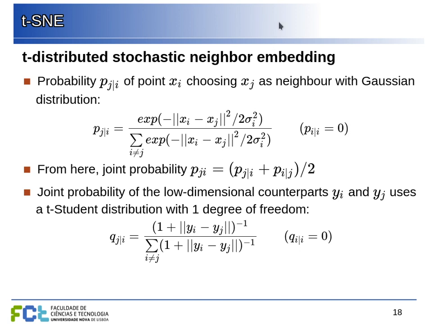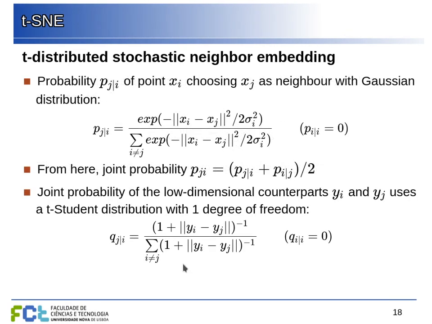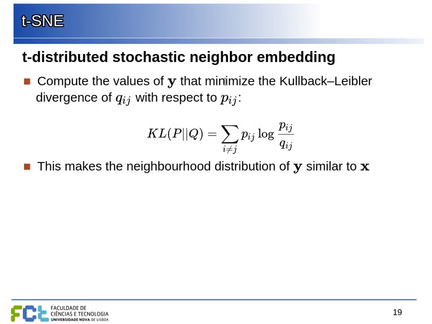And the way the result is computed, what we are computing here are these representations in lower dimension, is to change that representation so that the divergence between these distributions of probabilities is as small as possible. This is measured by the Kullback-Leibler divergence. Basically, this is the formula for the divergence of these distributions.